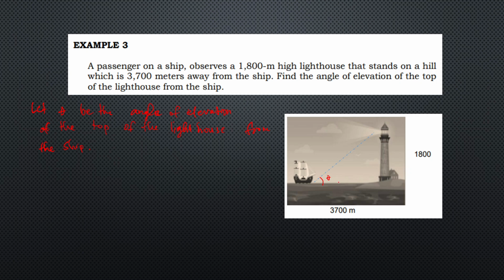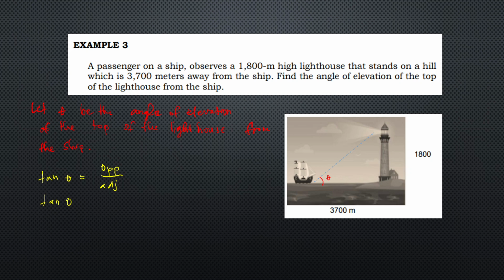So we have to check what's the relationship of these sides to the angle. So again, the height of the lighthouse, 1,800, is the opposite of that angle, and this one is the adjacent. So we use tangent theta equal to opposite over adjacent.